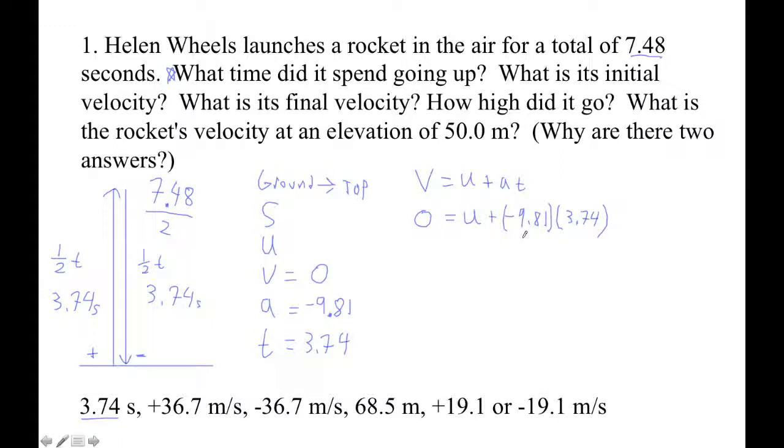So I'm going to go 9.81 times 3.74, because you would add this to both sides and get it on this side positive. So that's 36.6894 meters per second. So 36.7 is entirely reasonable.